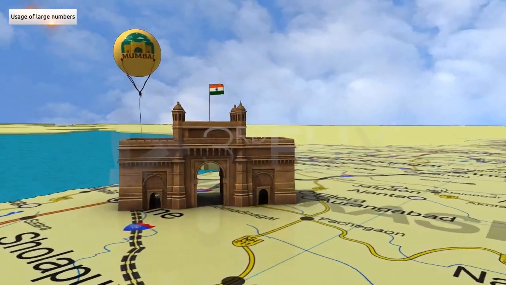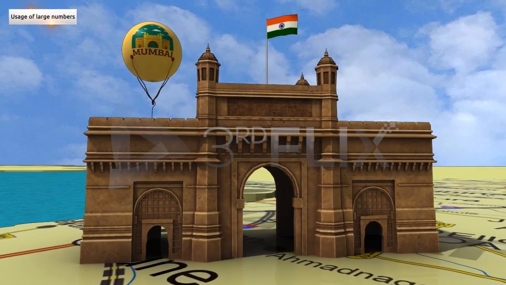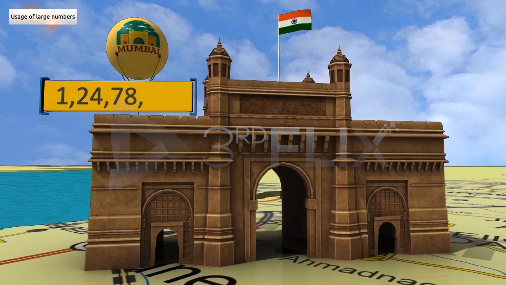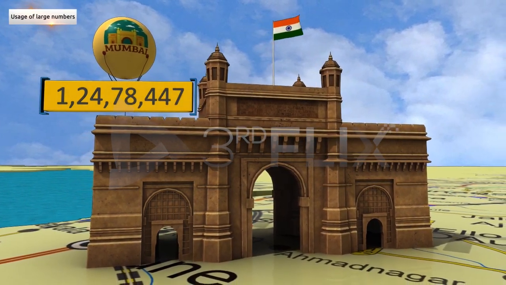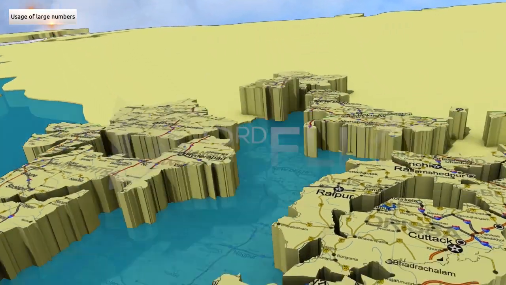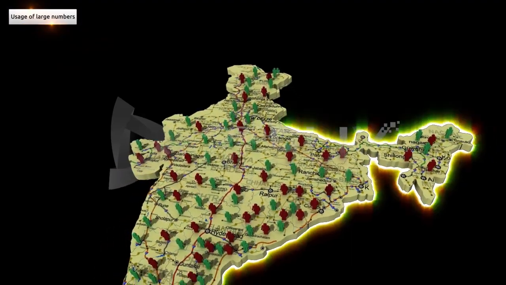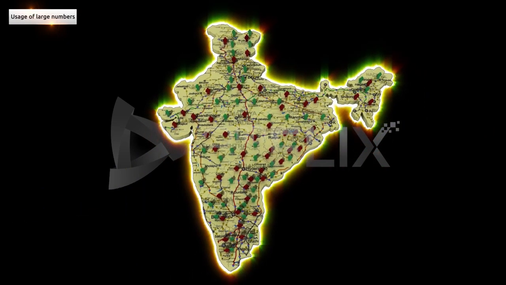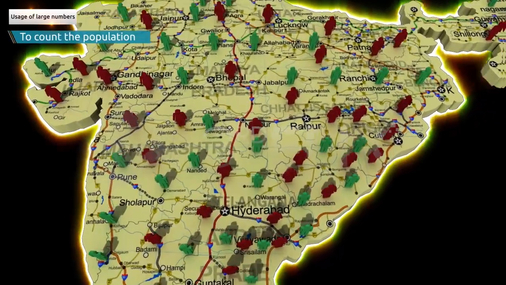The population of Mumbai city is 1,24,78,447. The population of India is nearly 126 crore.